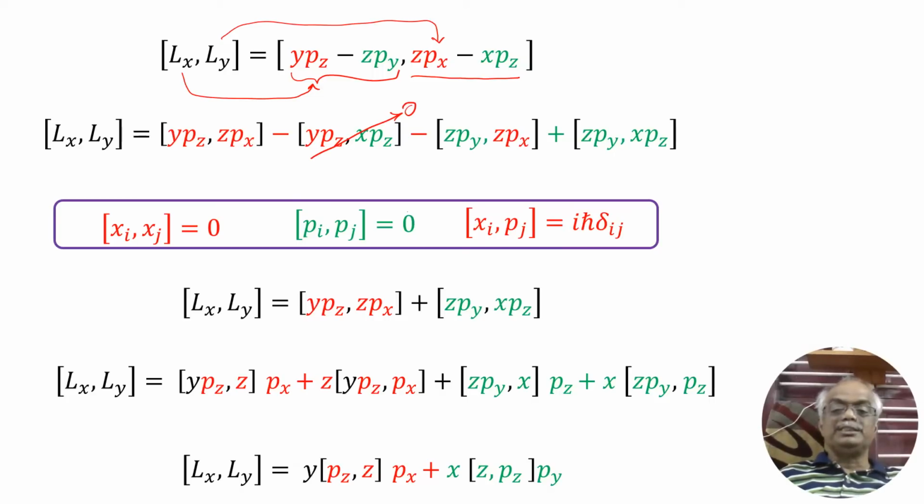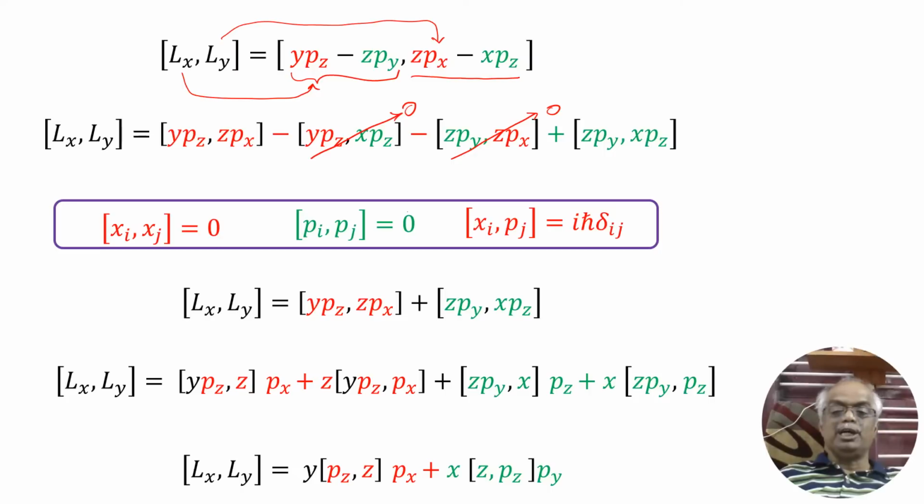What will happen here? There is py and px. There is no x or y component in the position, since all will commute.